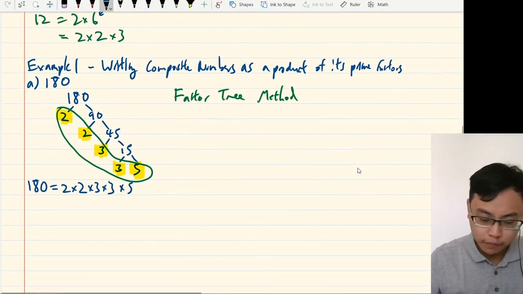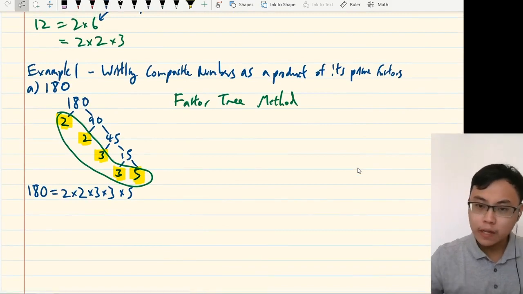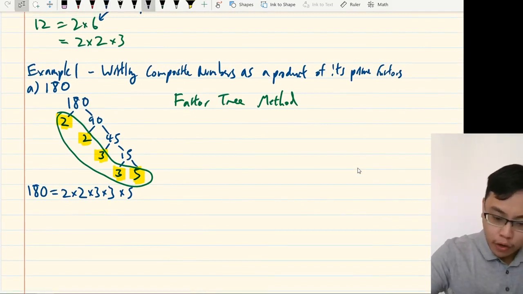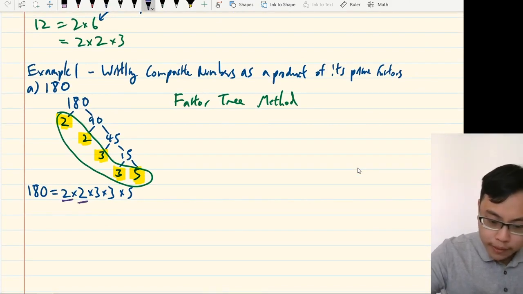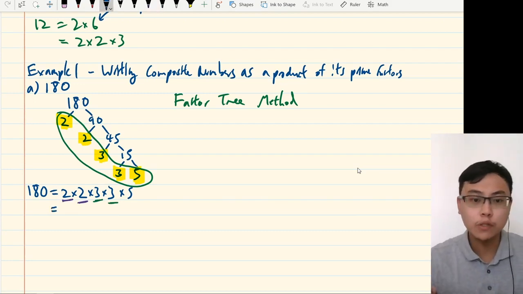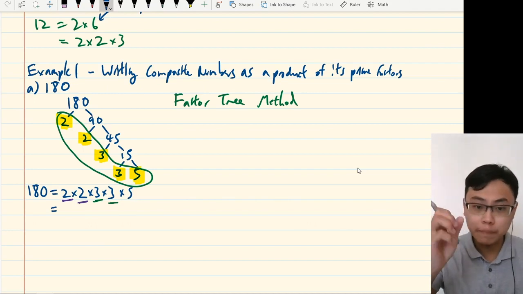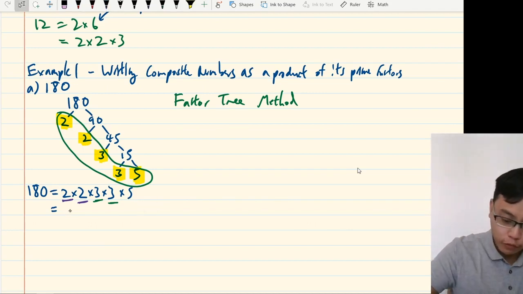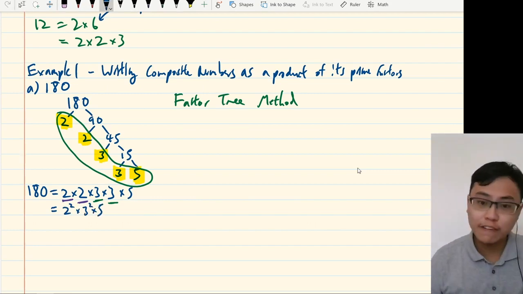Now, we're not done over here. We're almost done. The last step is, you see that there are multiple 2s, 2 times 2, and also 3 times 3. We learned index form before, which means that if there are numbers that multiply by themselves, we can combine them and change that into index form. So this is 2 squared times 3 squared times 5 in the end.